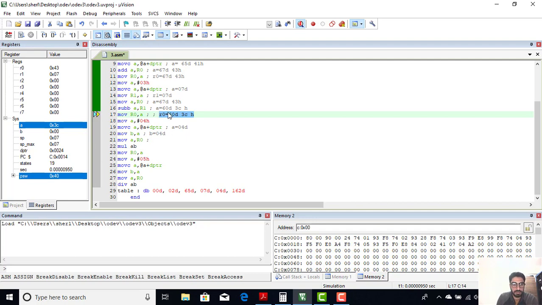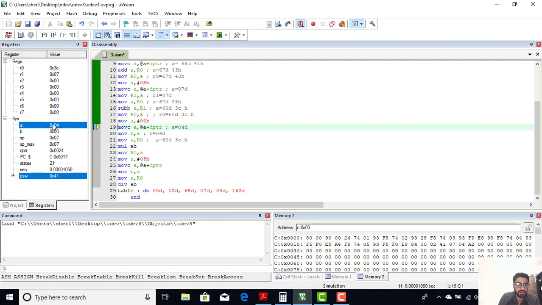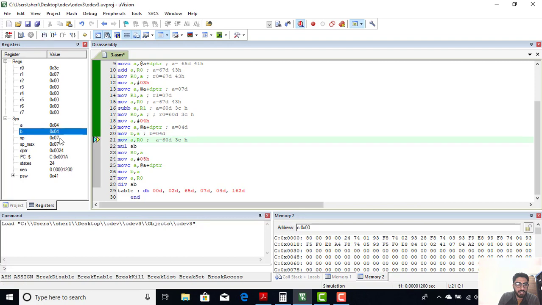From here and put it in A, and this is the new accumulator. Let's see, move it here. A is going to be equal to 4, and then B is equal to 4, because we moved A to the B register.